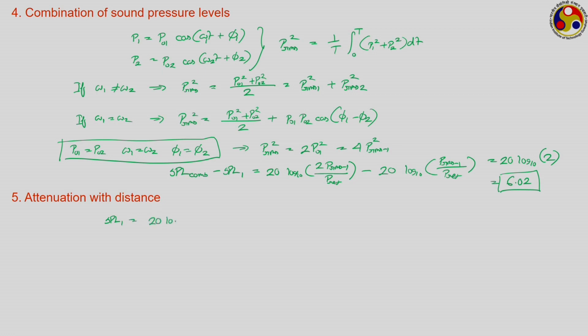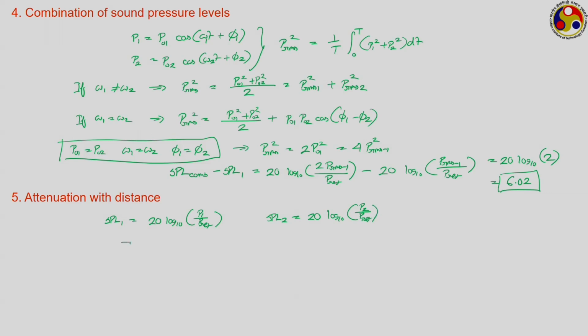In one case our final signal is P 1, so the corresponding sound pressure level at that location is 20 log 10 P 1 upon P ref. In the other case, the sound pressure level is 20 log 10 P 2 upon P ref.